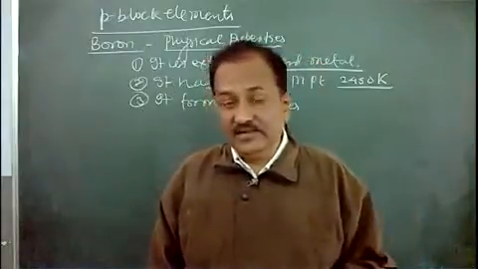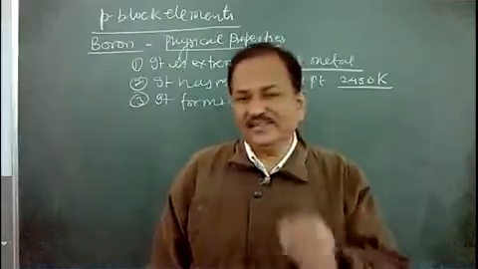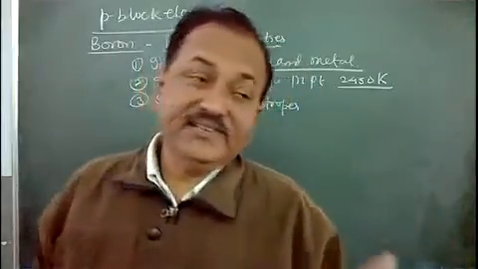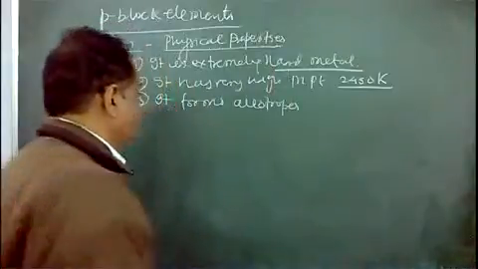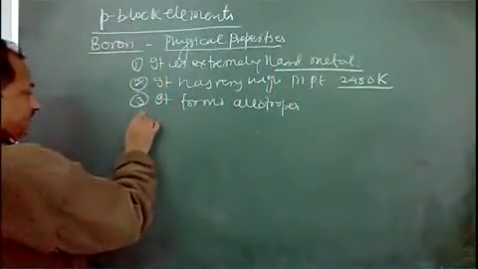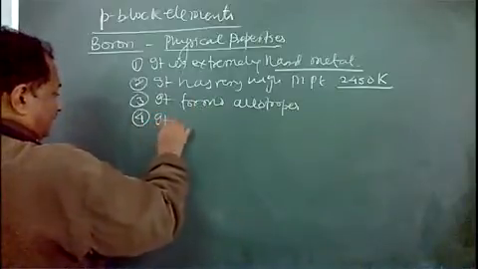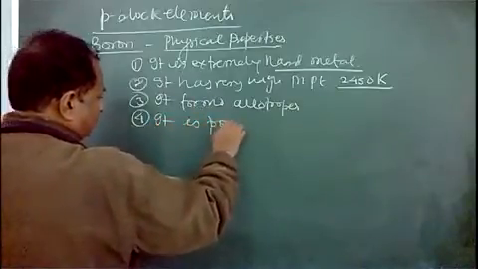Carbon has diamond, graphite, fullerenes, etc. The allotropes of boron just have the difference in their color.